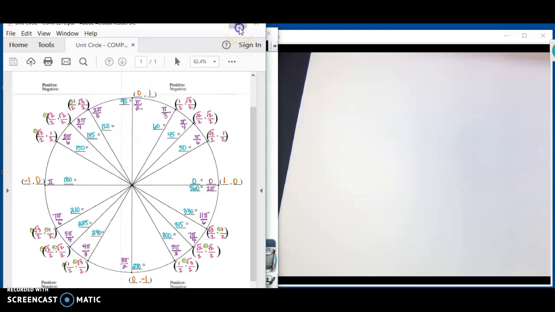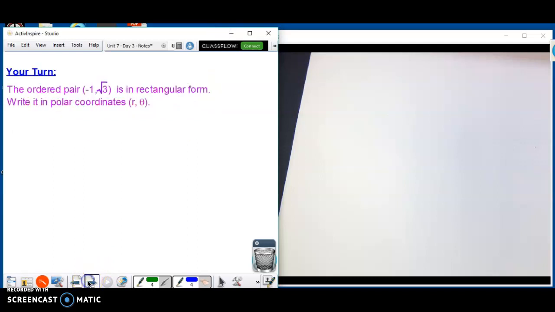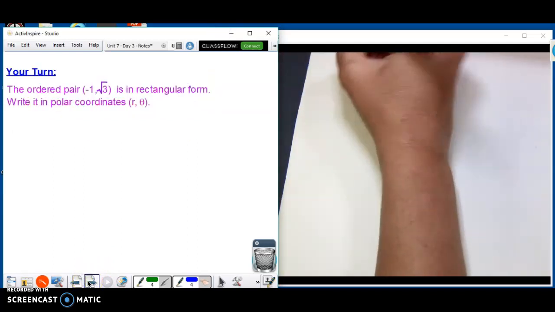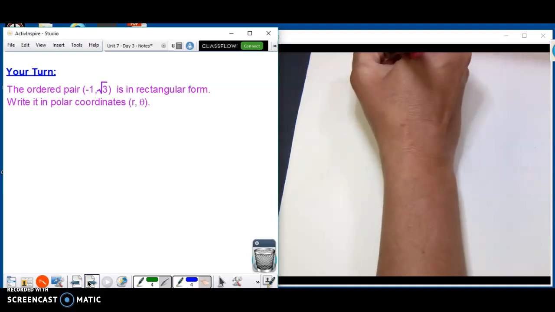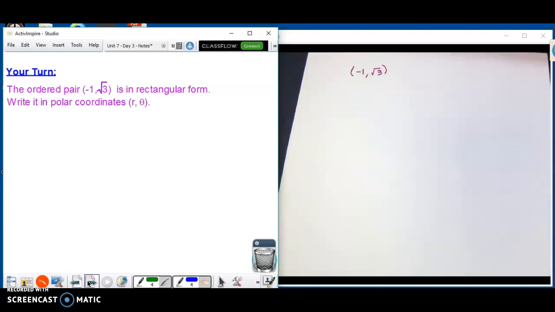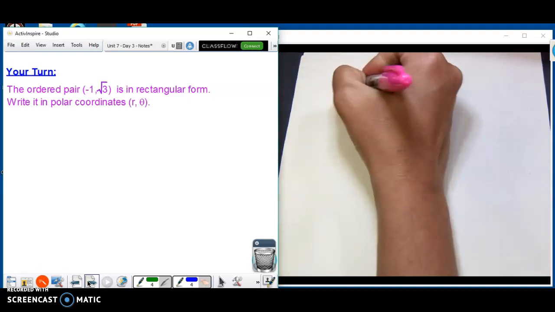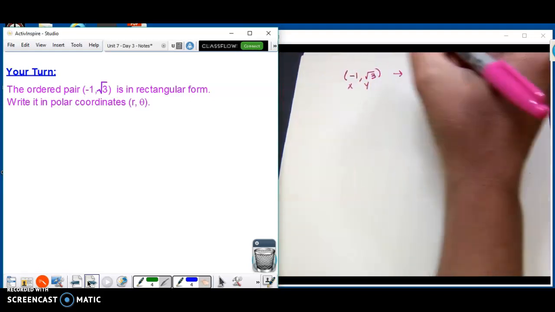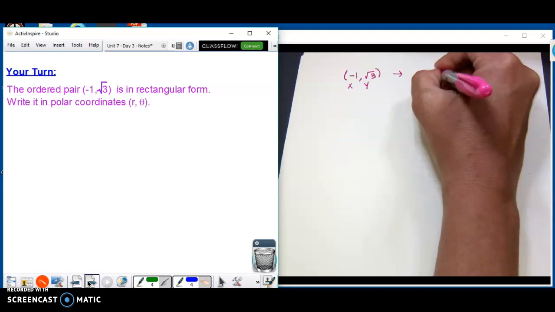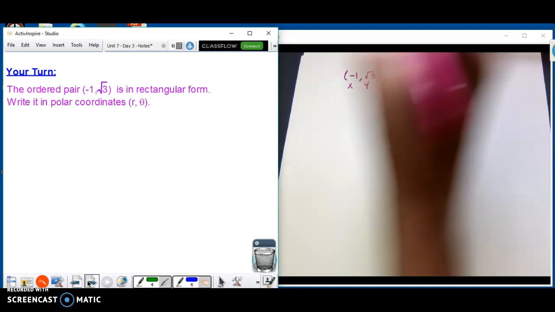Okay, so for our last problem, we want to take the point (-1, square root of 3), which is in rectangular form, so that's x and y, and we want to put it in polar form, so we want to find r and theta.